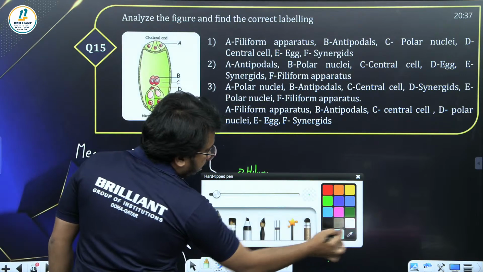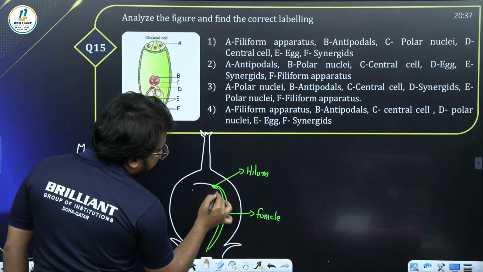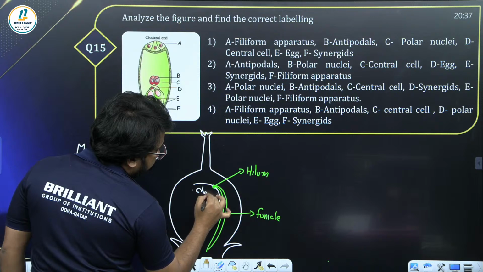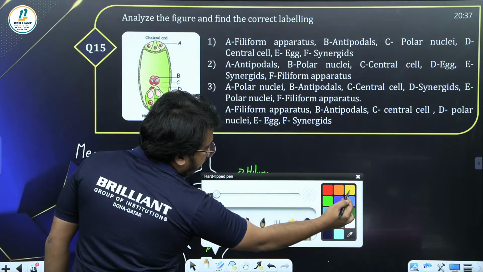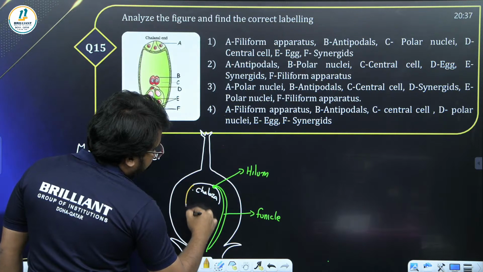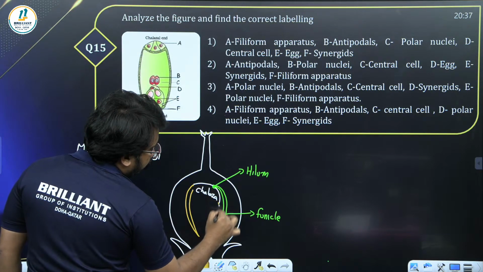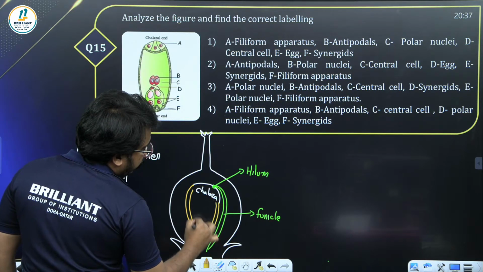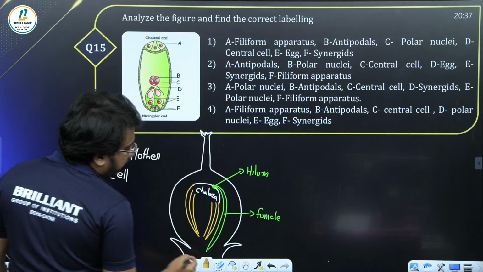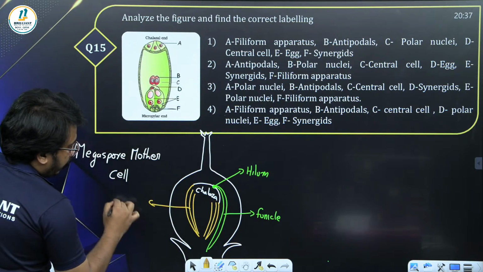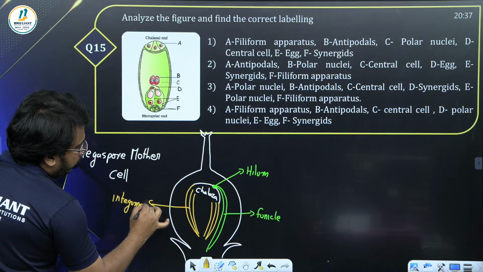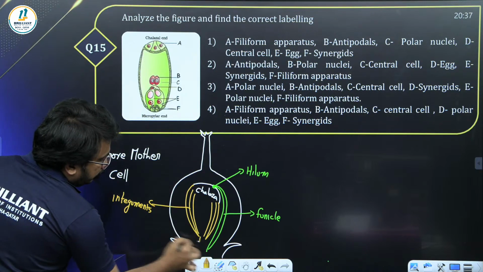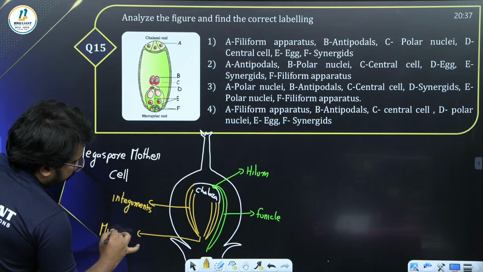And from there, you can see there is the base portion of the ovule that is called as chalaza. Then next you can see there is an elongation coming from chalaza, that is the integument. So there is an outer integument and there is an inner integument. You should understand this outer and inner integuments only become the seed coat. They are the future seed coats. Then this region, that is the micropyle.